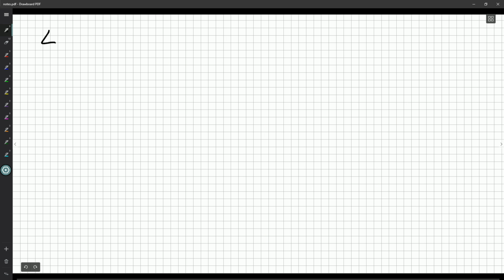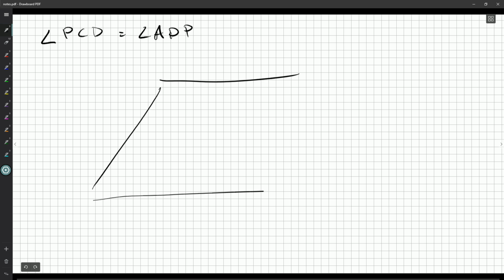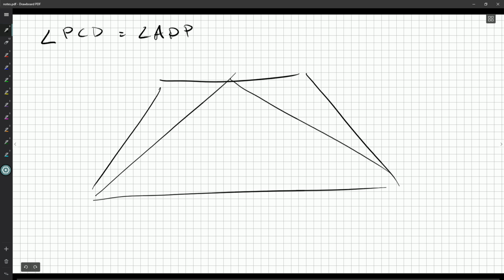So PCD has to be the same as the red dot, so we'll say angle ADP, and so on. And so now, having justified that, we can just work with these triangles without too much worry.